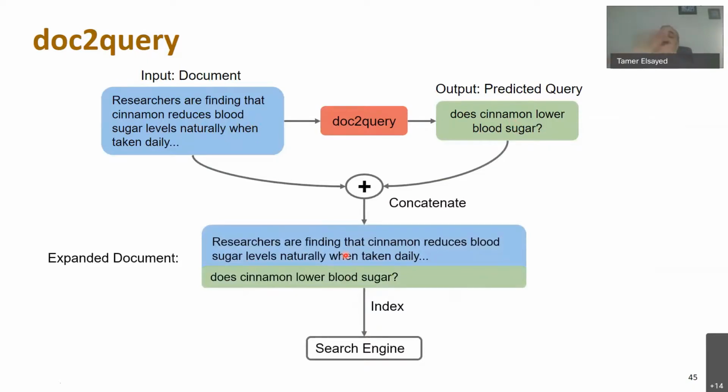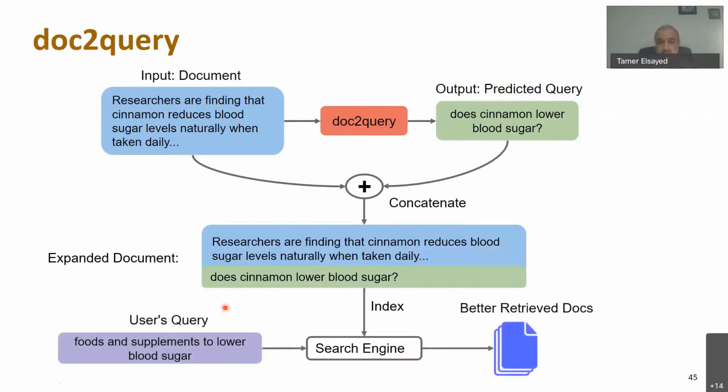So all of this will be done before indexing. That's why we say that this is done in pre-processing. We want to get a new expanded version for each document. Now when we get a query, we use the new index to get, hopefully, better documents.